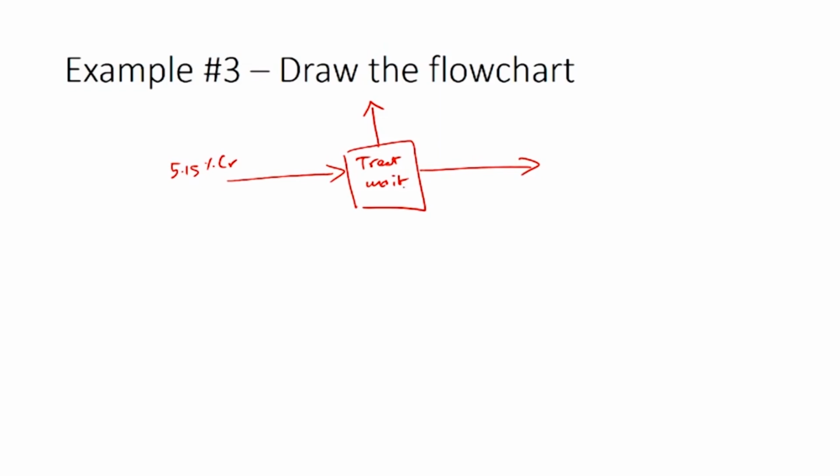So, this treatment unit has been designed to handle only 4,500 kilograms per hour of the liquid. In case the flow rate of the liquid is greater than 4,500, anything in excess of 4,500 is removed and bypasses the treatment unit, and it is mixed with the effluent which is sent to the waste lagoon, and the combined fluid is sent to the waste lagoon. So, this is the flow chart describing the process.